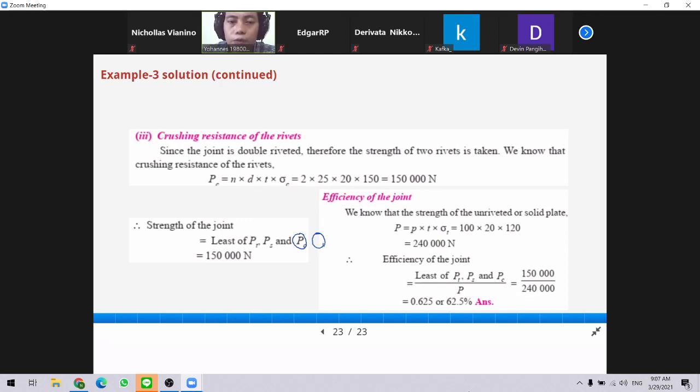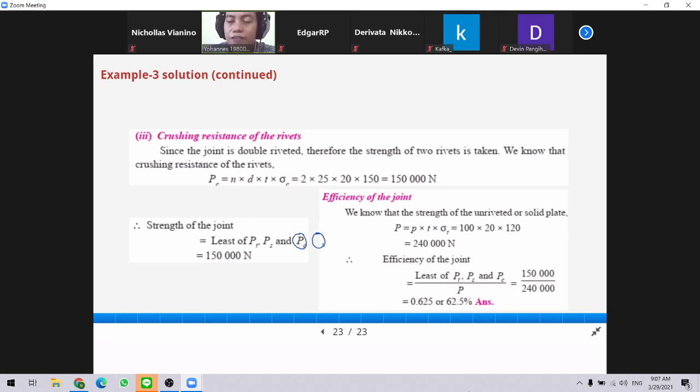So we will compare this calculated strength with the full solid plate strength, that is 240 kilonewton. It is almost more than half, that is 62%.